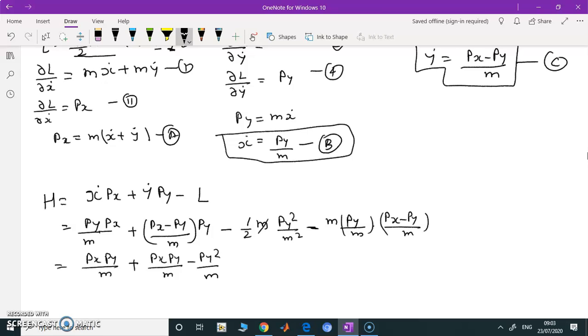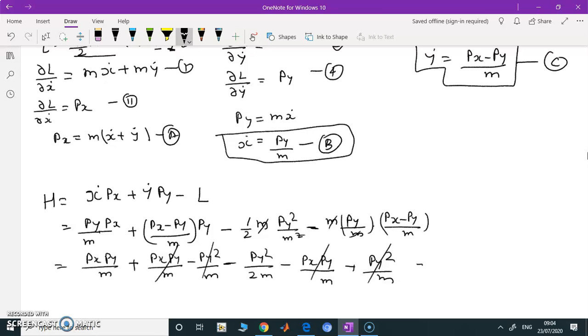Then here m will cancel with one of the m, so it will be py square by 2m, and if you come here, this m and m cancel, so if you multiply py here, it will be minus px py by m, and the last term will be minus and minus plus py square by m. So this will be cancelled with this, and this will be cancelled with this.